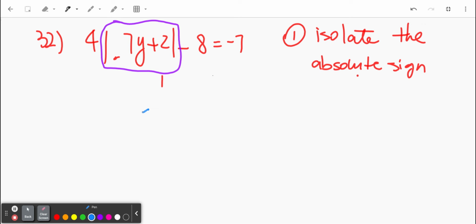So on that side, we need to get rid of what numbers? On the same side, the left side, we need to get rid of what numbers? What number is not in the box? -8, we need to get rid of -8 and also a 4.